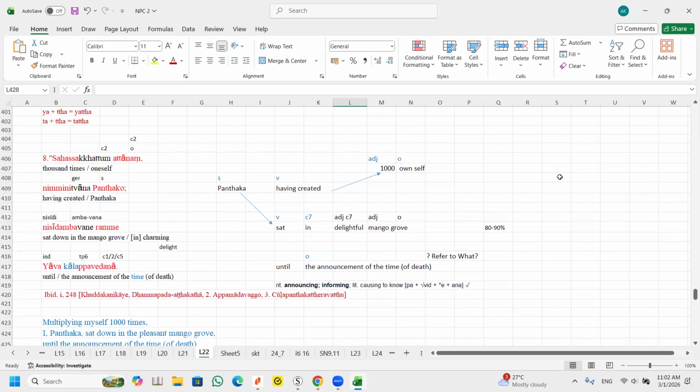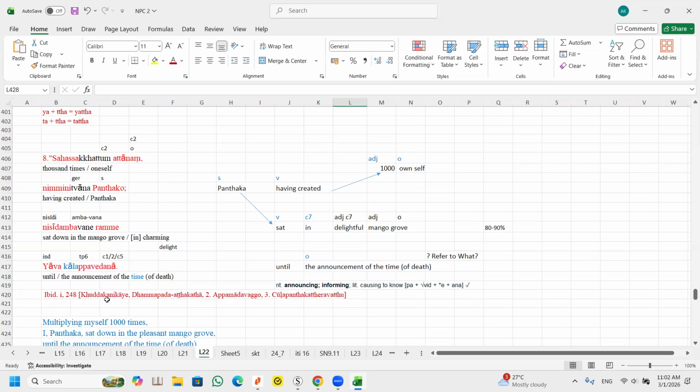So, Brother Alfred, is the story about Chula Pantaka and Maha Pantaka, right? Yes. One is a slow learner, one is a very fast learner. So it's here. Here you can see Khuddaka Nikaya. This Dhammapada falls under KN.